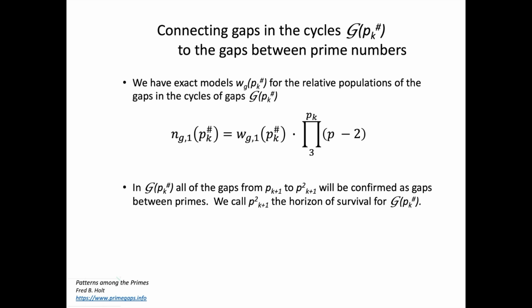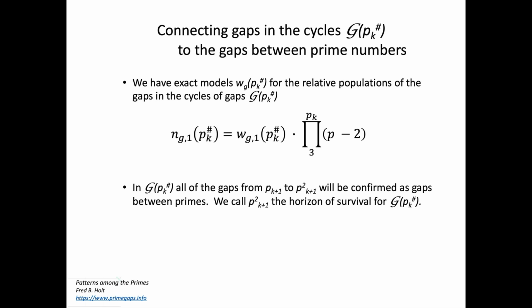We know that all the raw populations grow super-exponentially by that factor of p minus 2, so we take that factor out and study the coefficient on that super-exponential growth. And that gives us those curves we had looked at in previous talks.